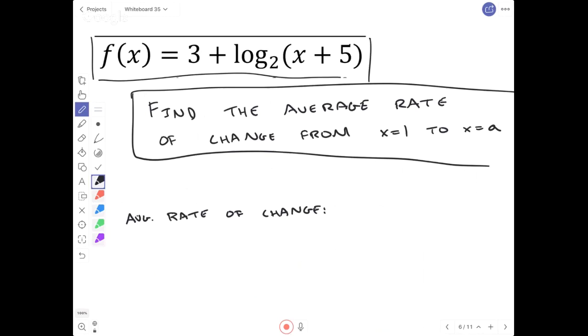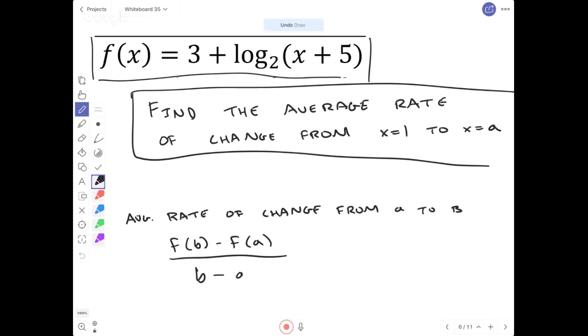Rate of change from A to B is f of B minus f of A all over B minus A. And just for the sake of continuity, let's make that a B. So here, I want the average rate of change from x equals 1 to x equals B.